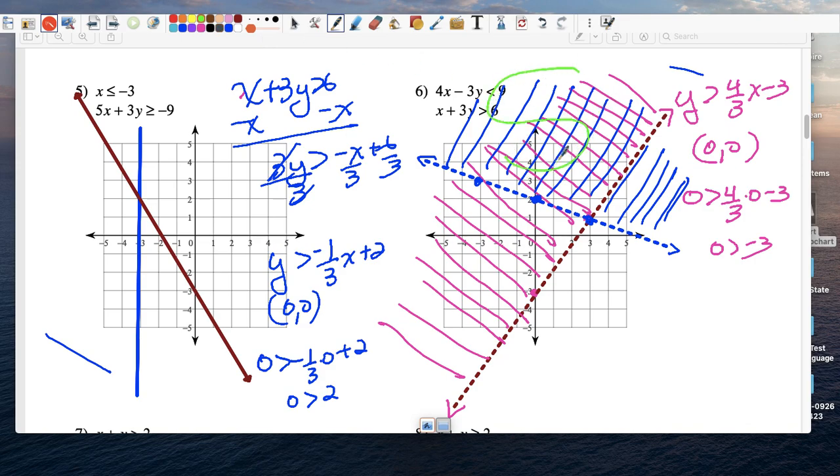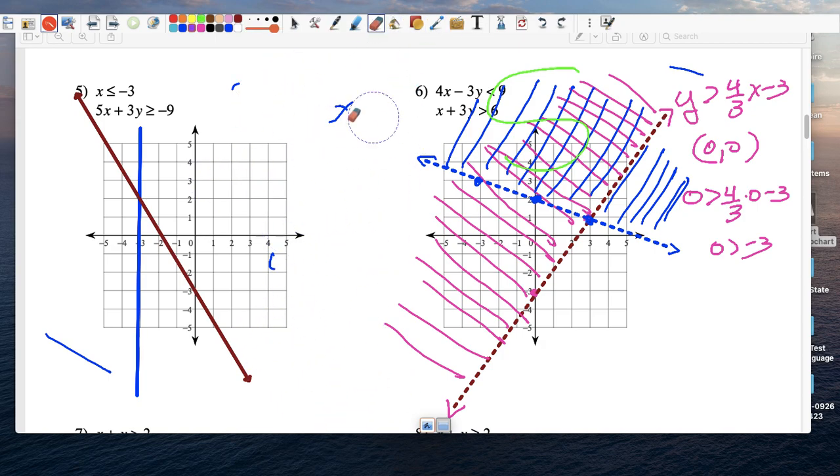Pick a point in here, any point in here, and plug it into both inequalities and see if it works. Let's pick an easy point. Okay, I'm going to pick 2 and 2. You could have picked something on the y-axis, right? 0 and 3, 0 and 4. I picked 2 and 2. So we get 4 times 2 minus 3 times 2 less than 9. 4 times 2 is 8. 3 times 2 is 6.